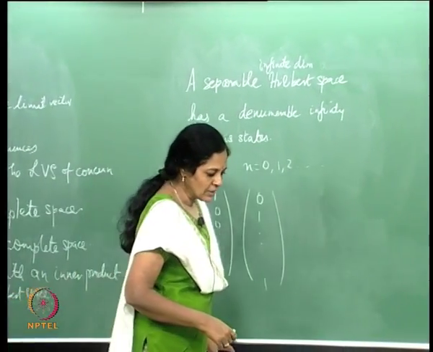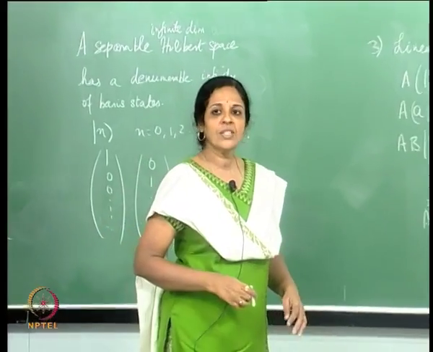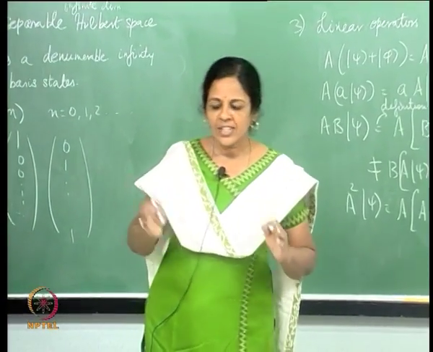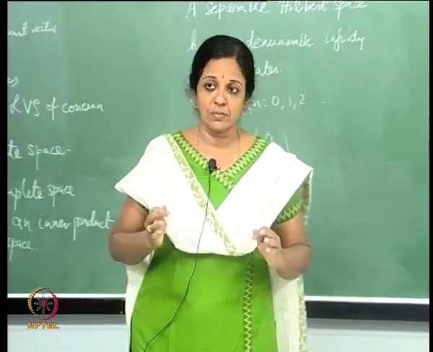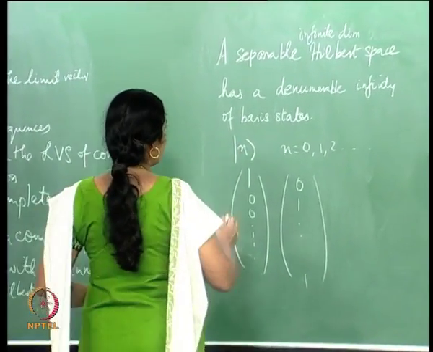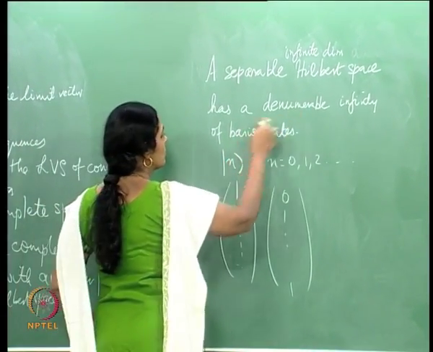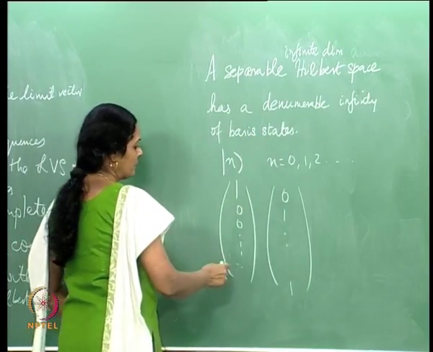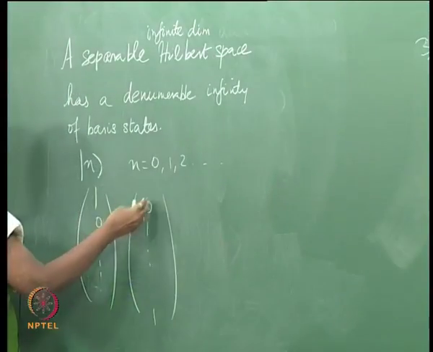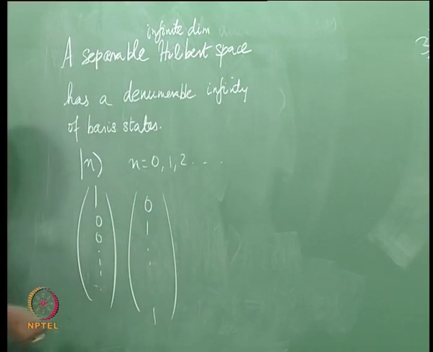Now it turns out that a bounded linear operator can be represented by an infinite dimensional matrix. Here is a situation where I have a denumerable infinity of basis states, and therefore I can choose these states to be of this type, analogous to the case of the two-level and the three-level atom.